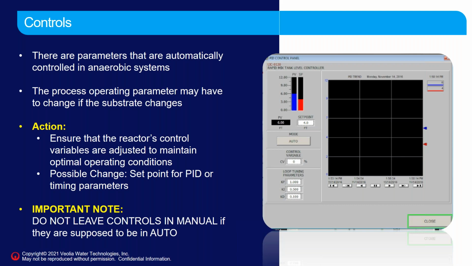When we go through startup, we set these up and everything's good for that condition. Now, that doesn't mean that your wastewater doesn't change throughout the years. So you may have to change these setups. You may have to change the PID loop readings, the P, the I, the D, to make sure that it can then work properly under the new wastewater conditions.